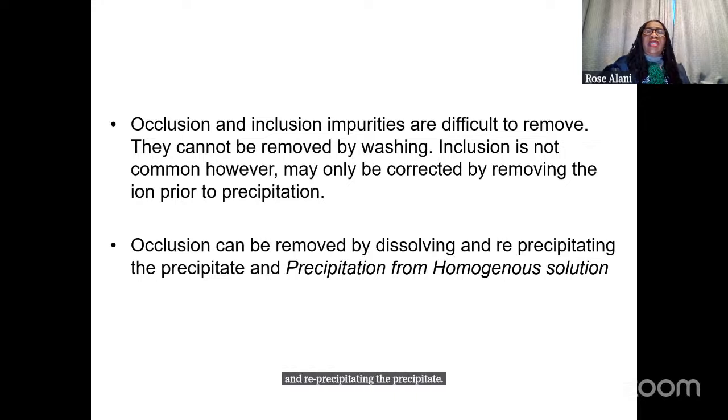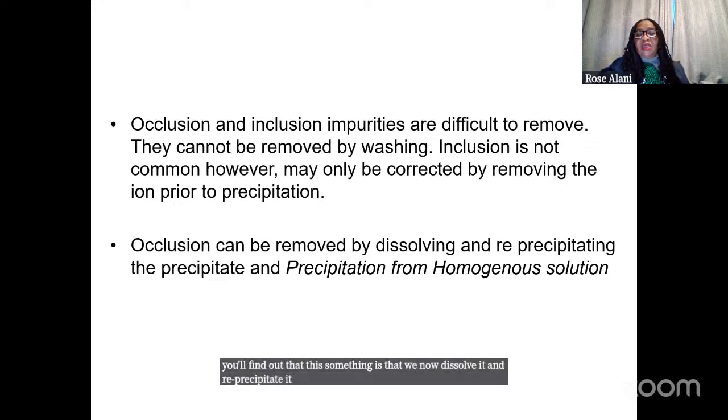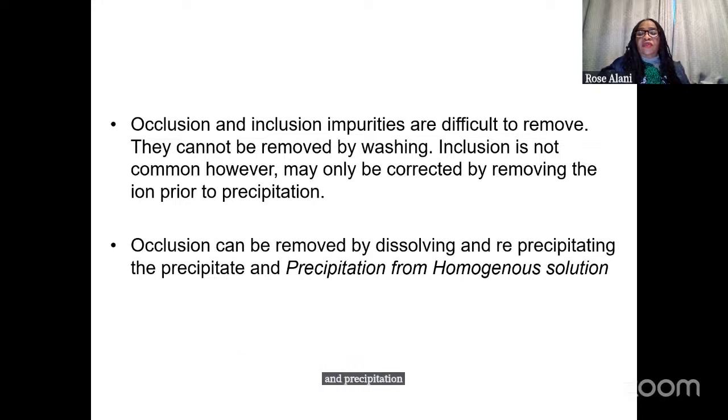You find out that something is trapped, we now dissolve it and reprecipitate it. And precipitation also from homogeneous solution. You carry out the precipitation from homogeneous solution. I believe you all know what the homogeneous solution looks like. You were taught in CHM 121, so you should know.